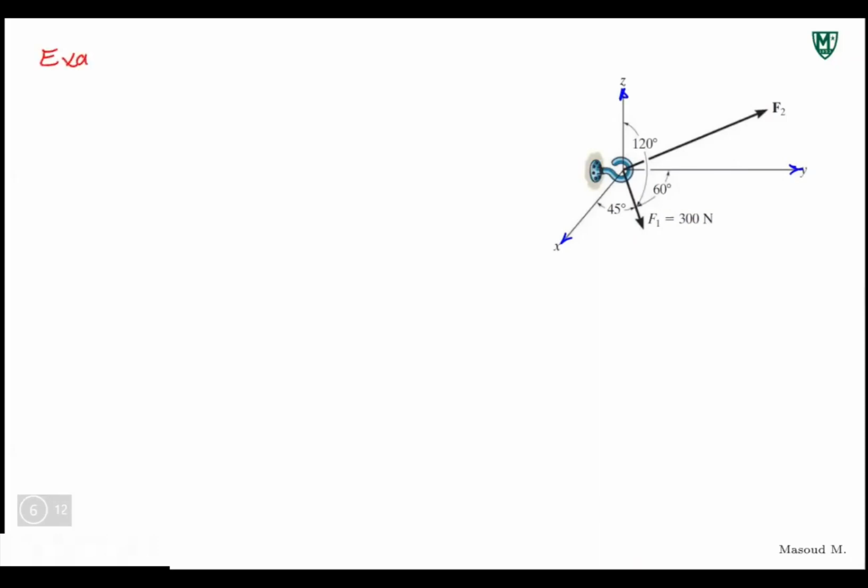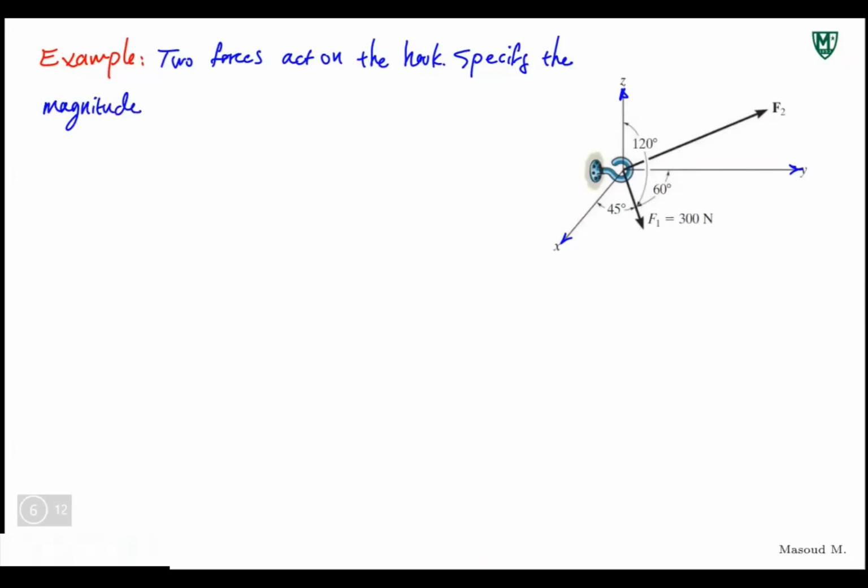Now the example goes as, it says we have two forces that act on the hook. Obviously, as we can see in the figure. Now it's asking us to specify the magnitude of F2.